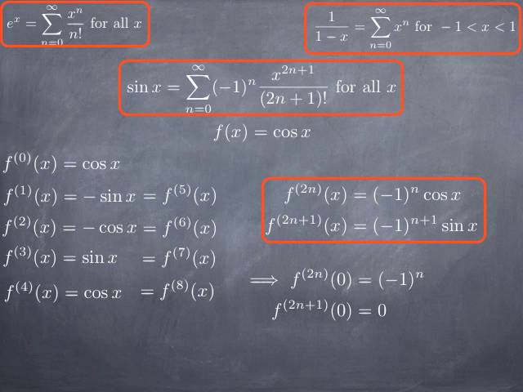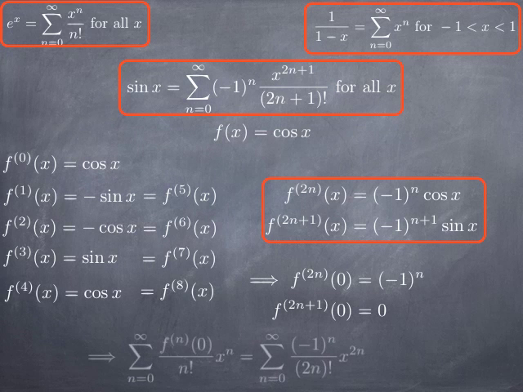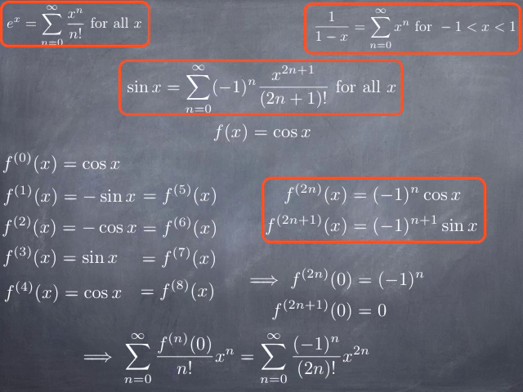So all of the terms of odd order in the Maclaurin series are going to disappear, and what remains in our Maclaurin series for the function is just a series from 0 to infinity of the terms of even order. So they are of the form -1 to the n over 2n factorial x to the 2n.